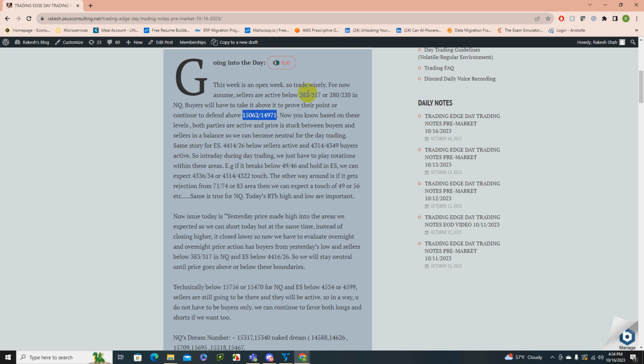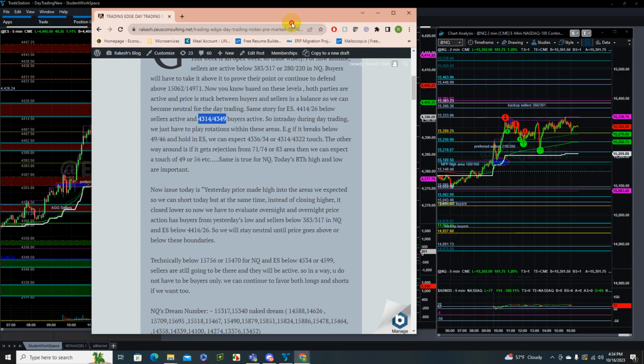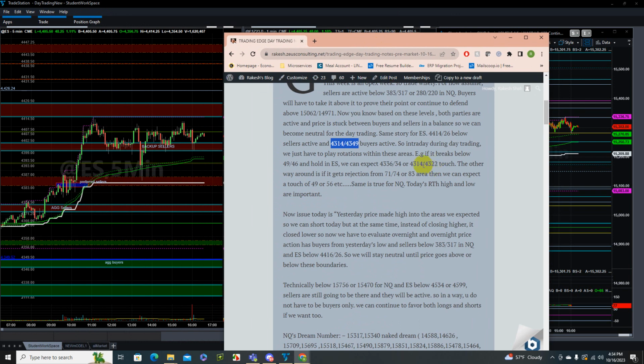Now, same story for ES. 1426 and below, sellers are active in general. 43.14, 49, buyers are active. So now you can draw a range. The ES range is 44.14, 26 to 43.14, right?